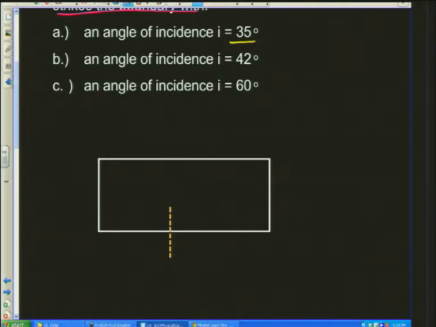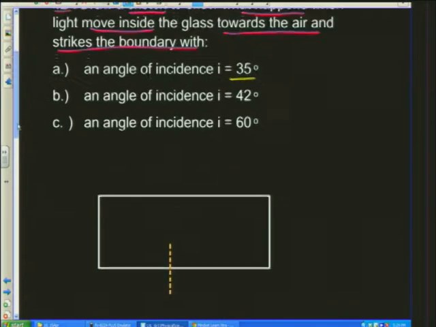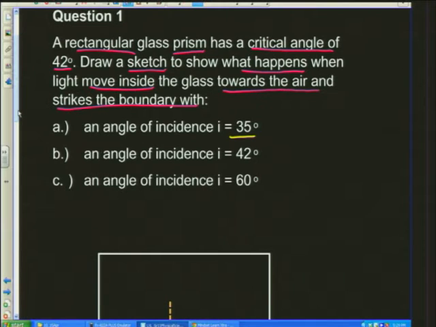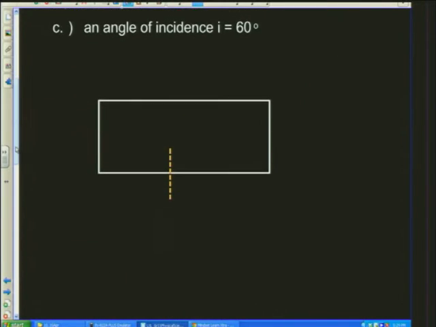Now we know that the critical angle was 42 degrees. So I'm not going to measure accurately, but I'm going to sketch.